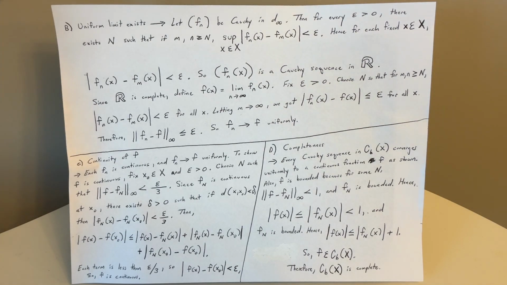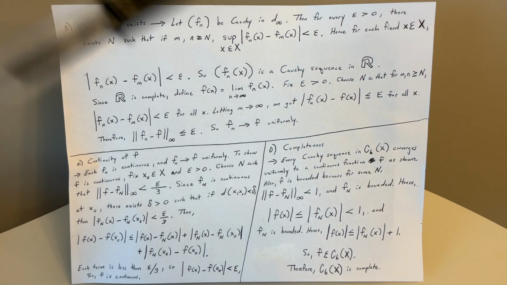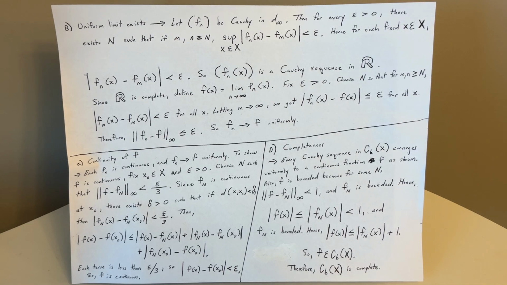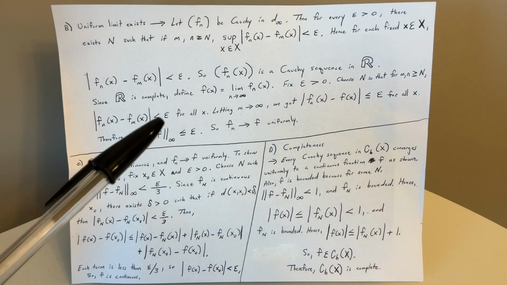And since R is complete, define f(x) equals the limit as n approaches infinity of f_n(x). We're going to fix epsilon greater than 0. Choose N so that for m, n greater than or equal to N, the absolute value of f_n(x) minus f_m(x) is less than epsilon for all x.